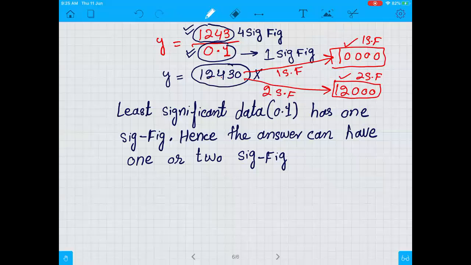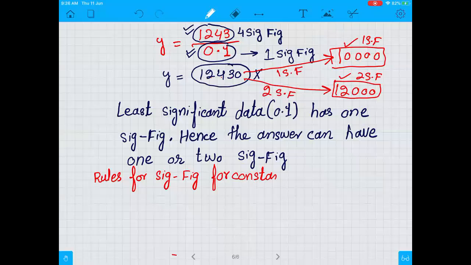One remaining thing is, what are the rules for constants? Sometimes we have some constants. So rules for significant figures for constants.